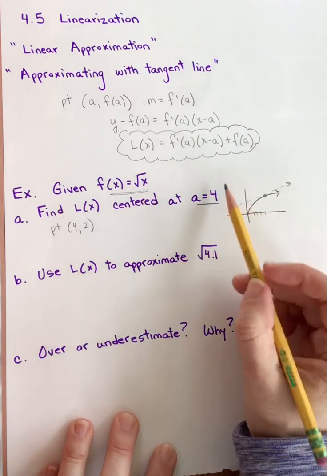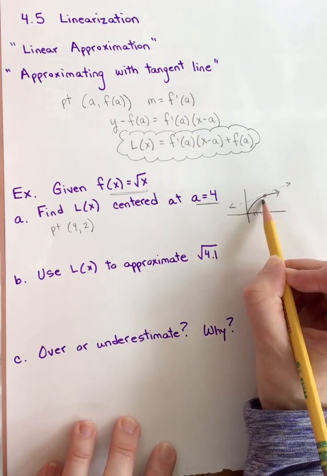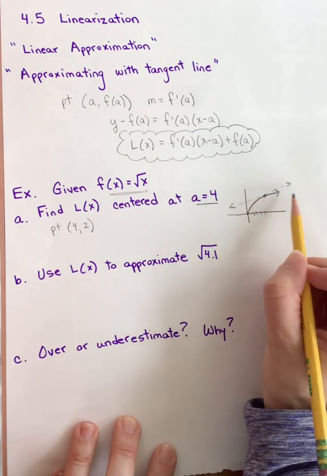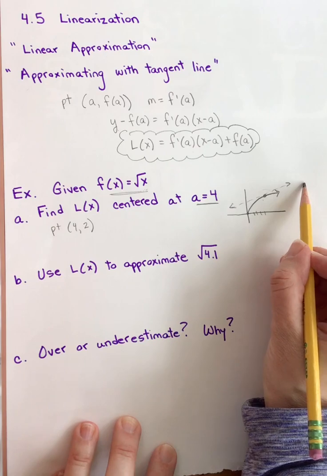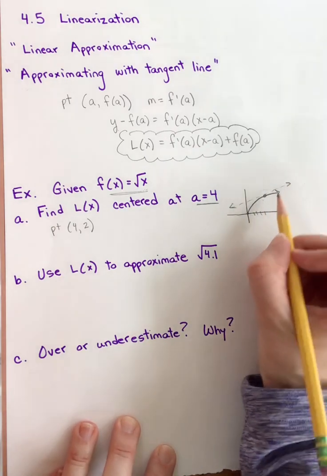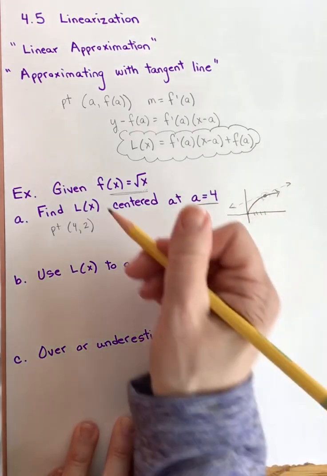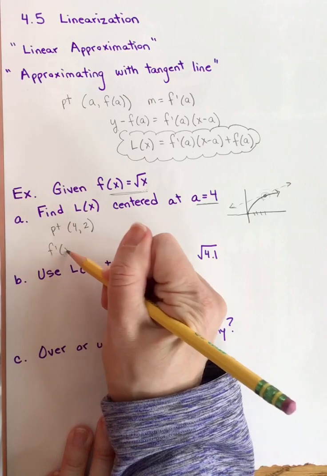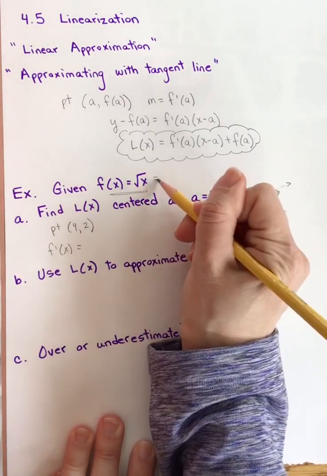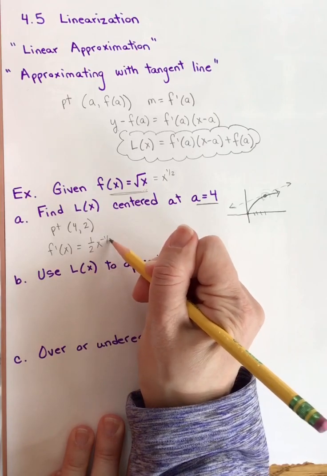Now please know that this linear approximation is only good in the neighborhood of 4. If I were to ask you something about 17, not such a good approximation because it would be too far from the function. So in this neck of the woods, it's a pretty good approximation. When all else fails, I should probably find a derivative. Remember, this is really like x to the 1/2. So 1/2 x to the negative 1/2.